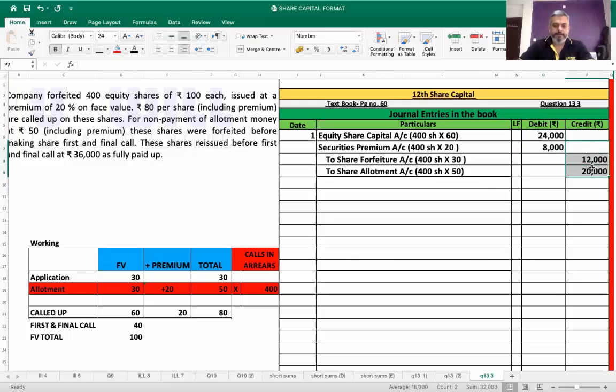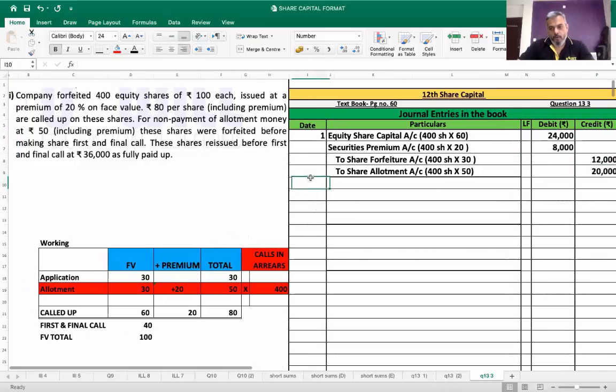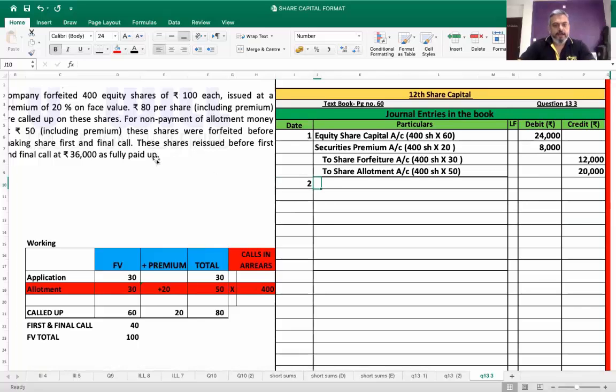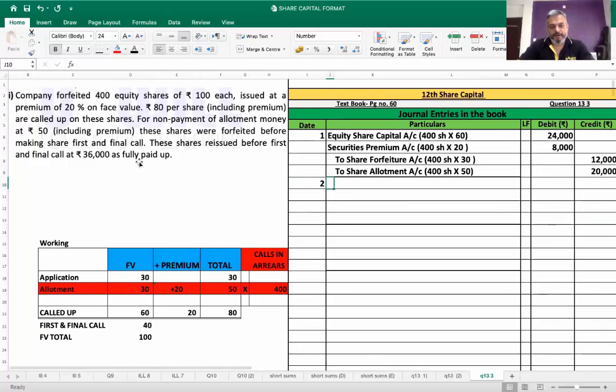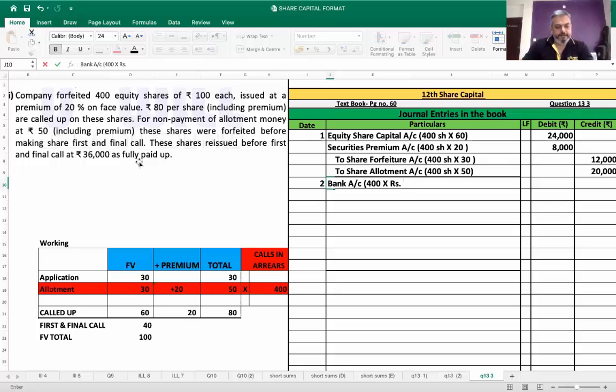Always cross verify. Now over here, all these shares are reissued at rupees 36,000 as fully paid up before making the first and final call. So bank account debit, let's calculate 400 into rupees 36,000. So 36,000 divided by 400, it comes to 90 per share.